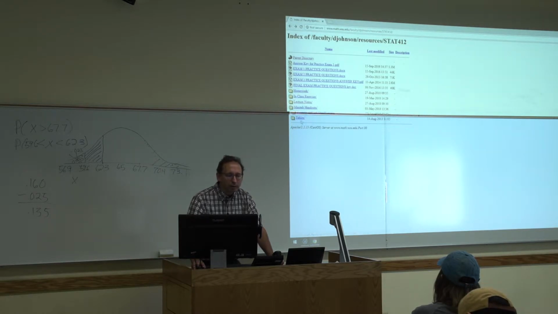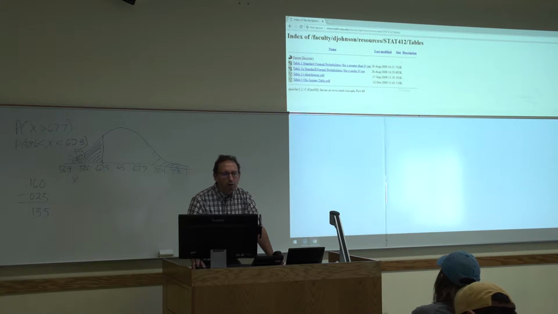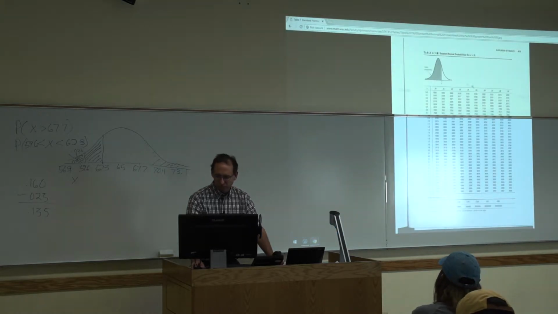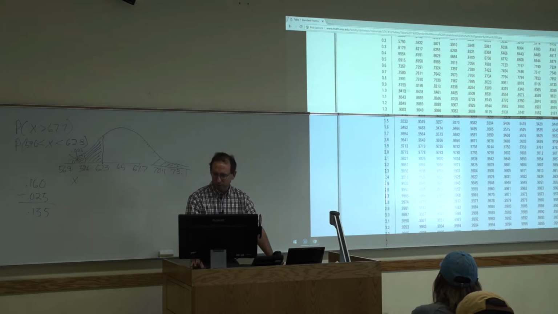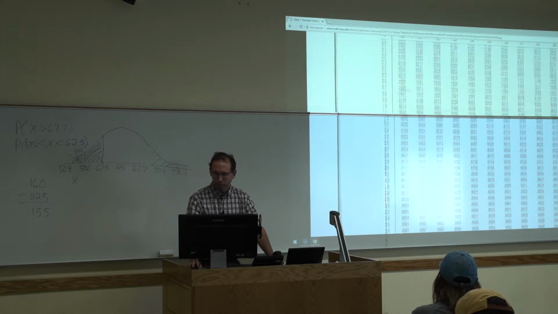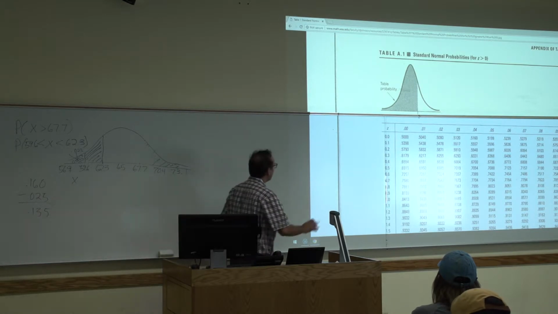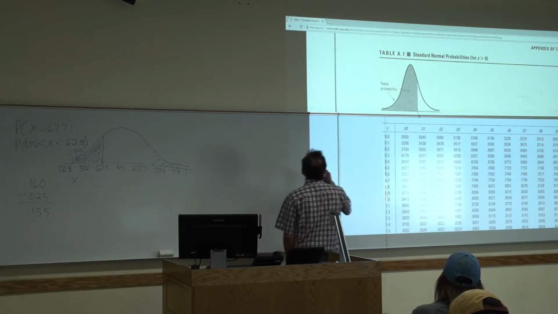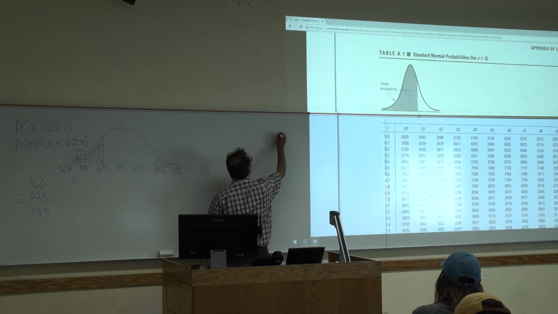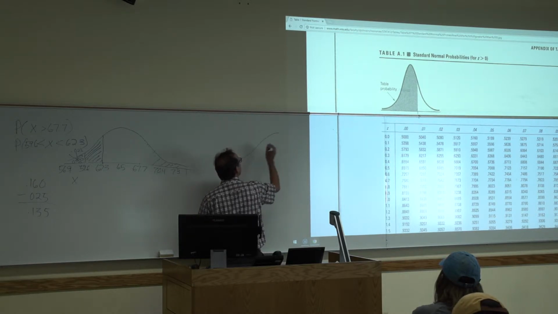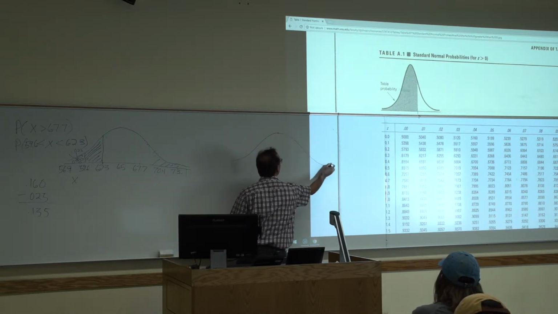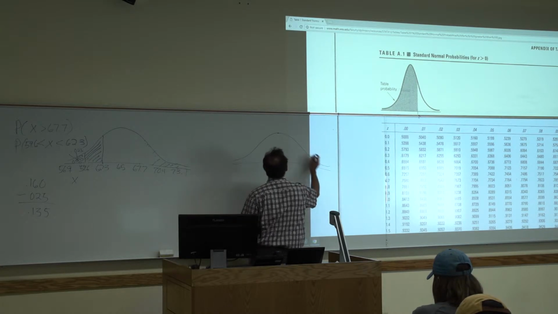The table I'm going to make use of is called a standard normal table. And let me show you what a standard normal table looks like here. This table right here gives us the area underneath a specific normal distribution called the standard normal distribution.